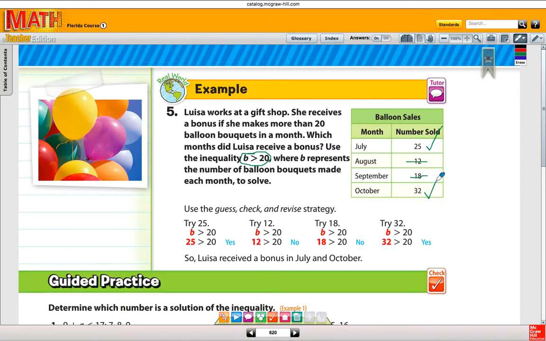Yes. So what we were doing is basically plugging the 25 and the 32 in for B and seeing if it worked or not. So let's confirm our answer with theirs. It says Louisa earned a bonus in July and October. Well, that's also what we got. So great job with that.